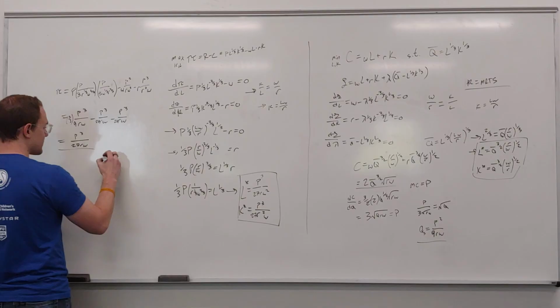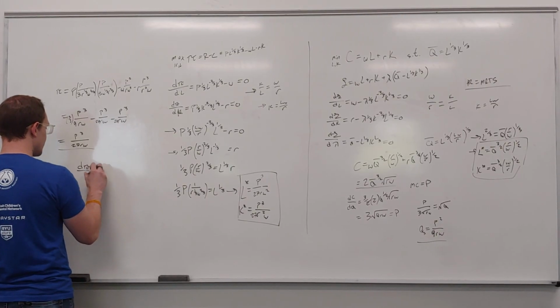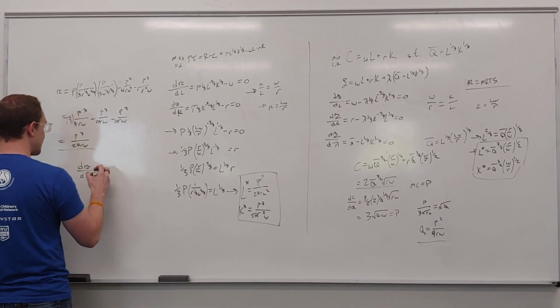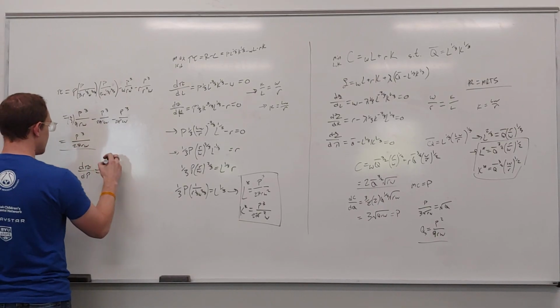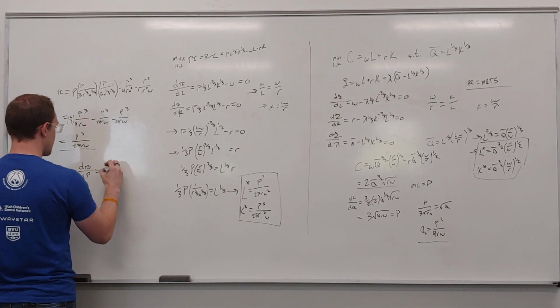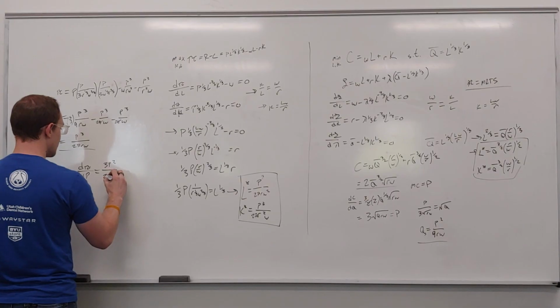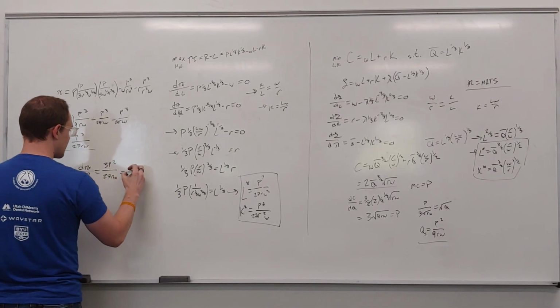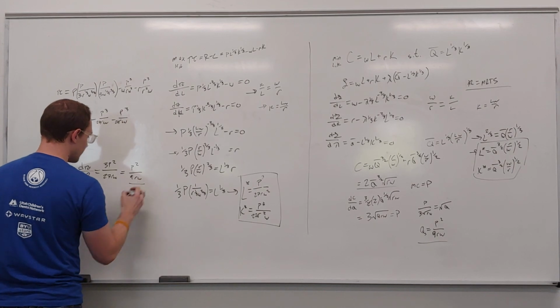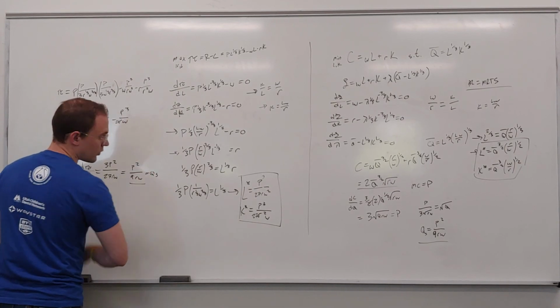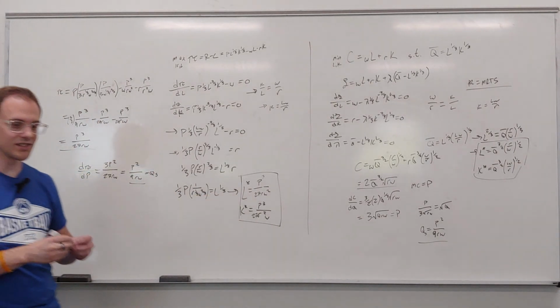And all we have to do is take the derivative of our profit with respect to the price. That's it. Let's try that. So we get 3p squared over 27rw. And that 3 and that 27 is going to give us p squared over 9rw. And that is our quantity supplied in both cases. So it is the same.